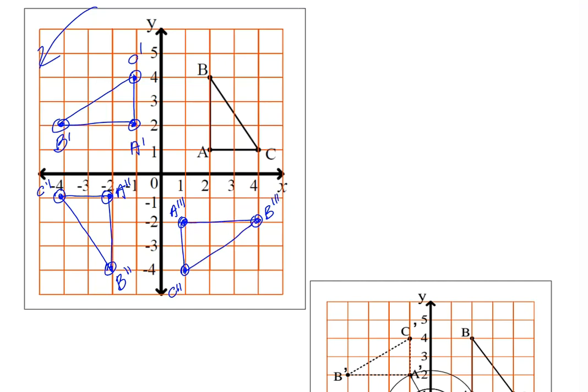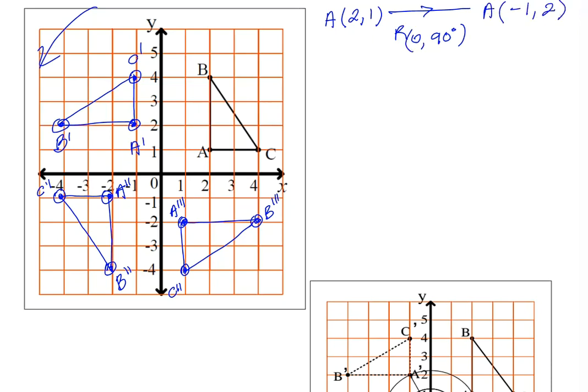So, what are some of the other things I've noticed? We started out with A being 2, 1, and when I rotated it, this is R, O, 90 degrees, it became A prime, which is minus 1, 2.